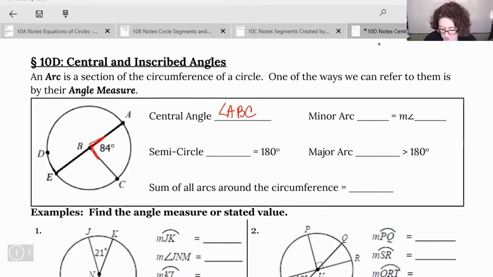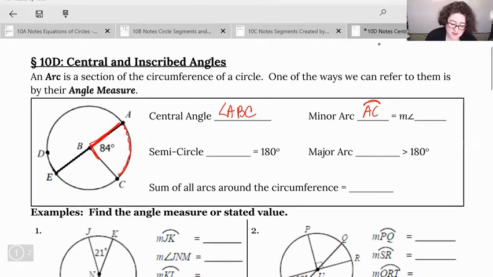Alrighty, so when we compare that to an arc, we can talk about three different possible kinds of arcs. We can talk about a minor arc, a major arc, or we can go all the way to semicircle. A minor arc would be something like arc AC. Arc AC is this one here.